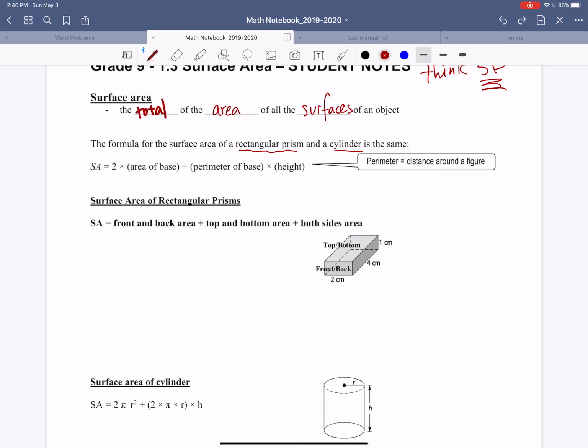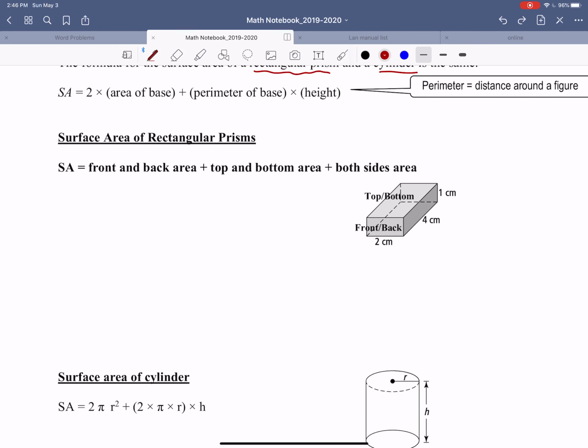There are 3 dimensions there. Let's look at the first example. You need top times 2, side times 2, and front times 2, basically for front and back. The top is this distance times this dimension, so you need 2 and 4: 2 times 4 times 2.